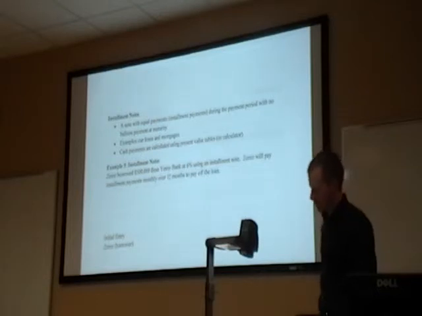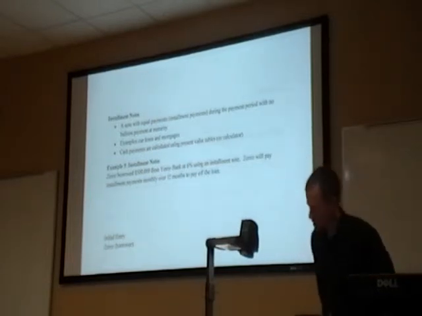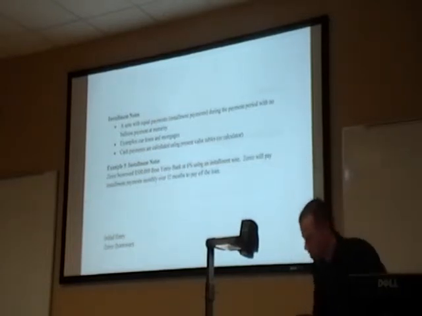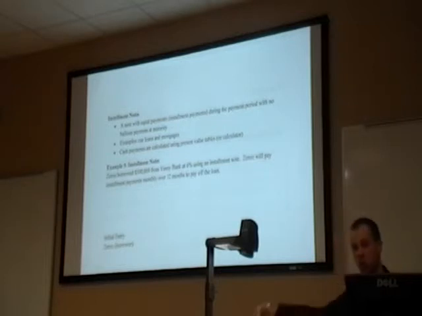Here's our example. This company borrowed $500,000 from a bank at 6% using an installment note. Z company will pay installment payments monthly over 12 months to pay off the loan. So this is just a 12-month loan, 12 payments, one per month, at the end of each month. The first one happens at the end of the very first month.